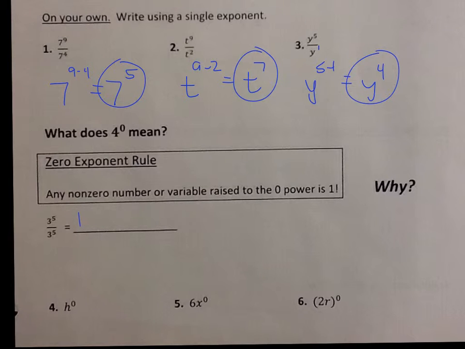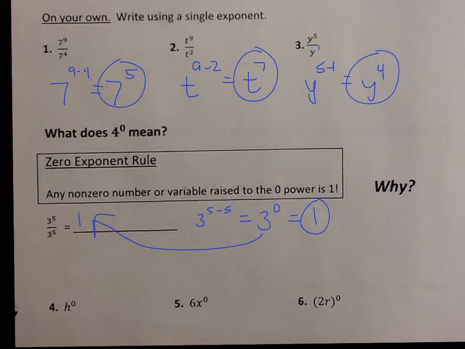But if we apply our exponent rule and subtract exponents, we get 3 to the 0. So if that's true, 3 to the 0 must be 1. And that always happens. Anything to the 0 power is always 1.